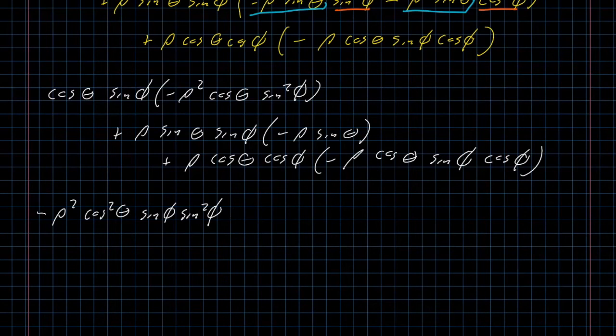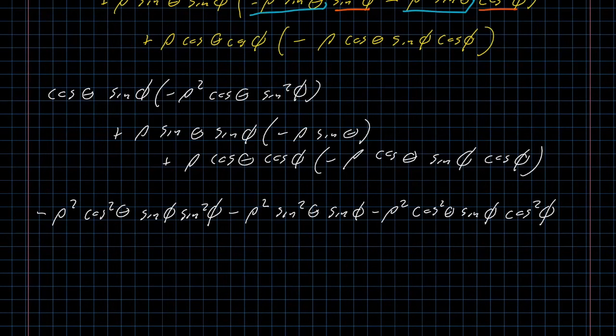And then in this second term, we're going to have rho squared, sine squared theta, and sine phi. And in the third term, we've got rho squared, cosine squared theta, sine phi, and cosine squared phi.